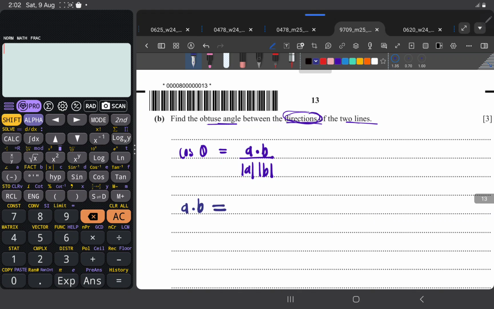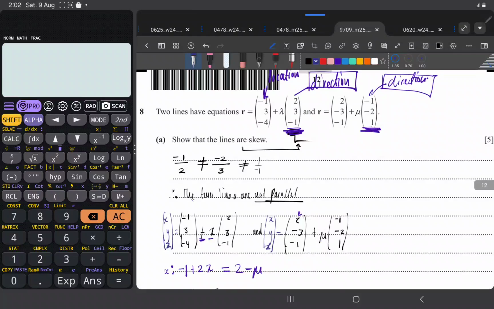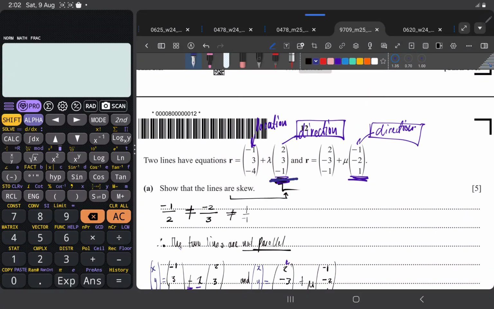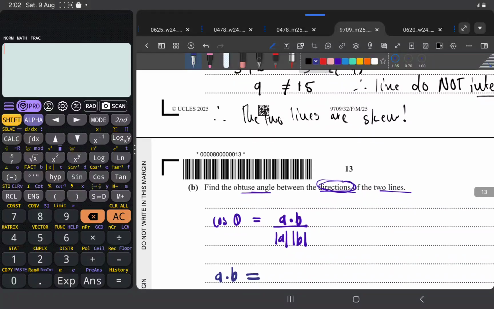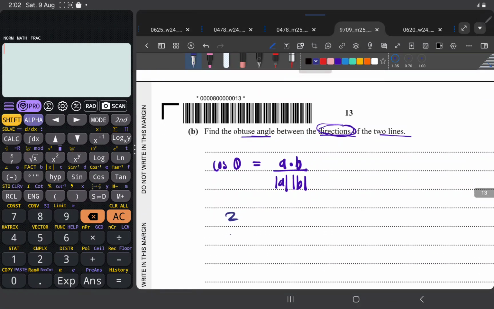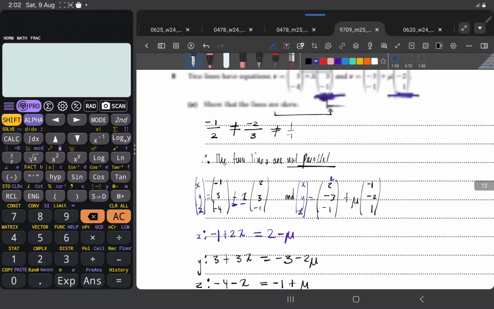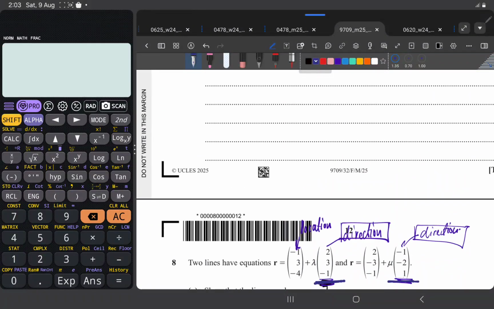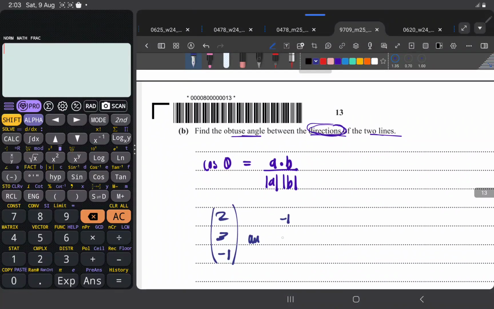When you're dealing with vectors, you look at the direction only when you want the angle between them. It's 2, 3, minus 1 and the other direction is minus 1, minus 2, 1. These are the two things.